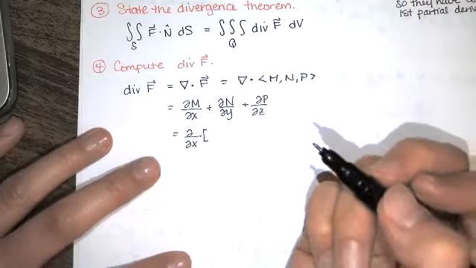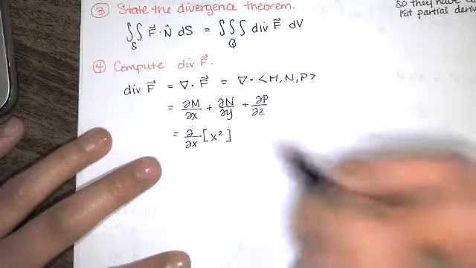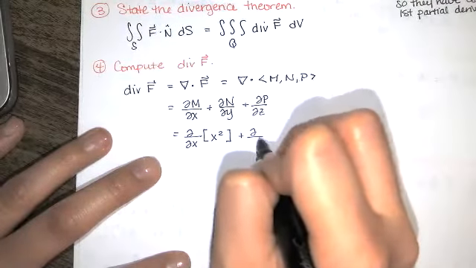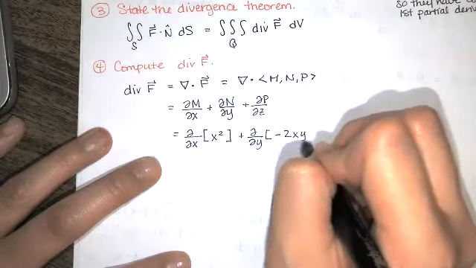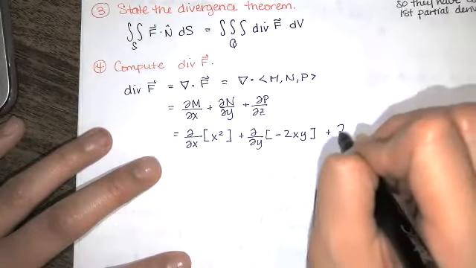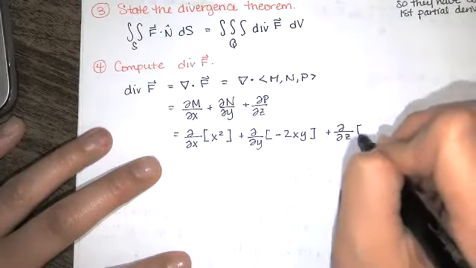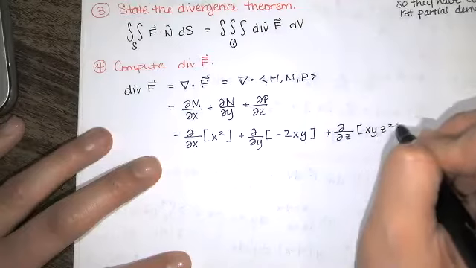And in our case, M is x squared, N is negative 2xy, and P is xyz squared.